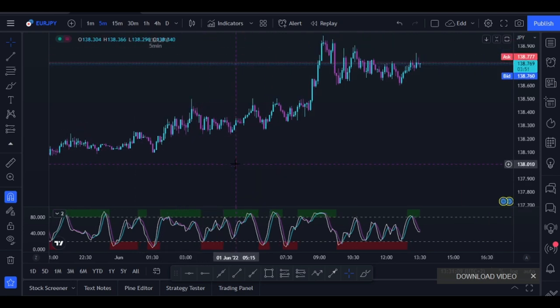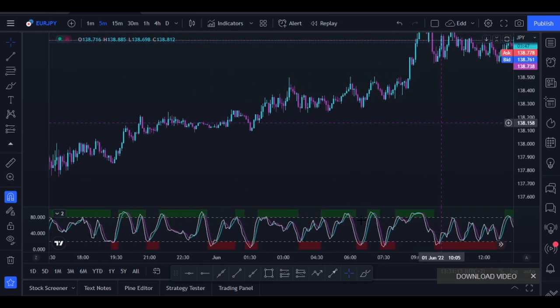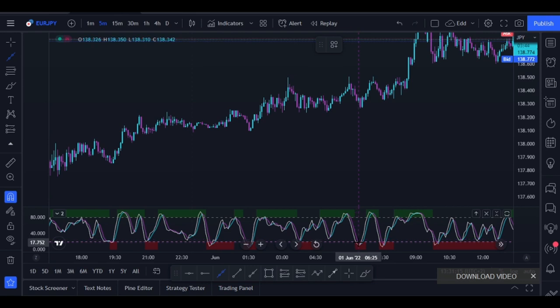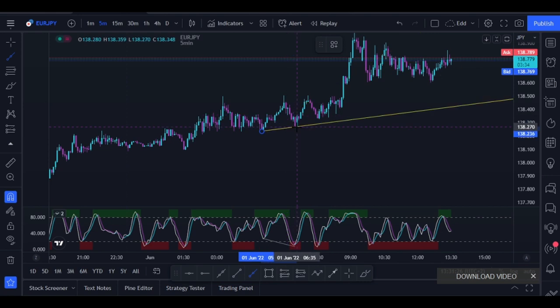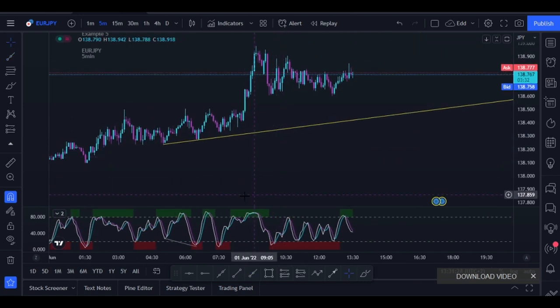Was here. I saw divergences. I can see so many oversold zones here, so I drew my divergences from here to there, was the divergence. Let me draw that also on the chart. Here to there, that's a divergence.